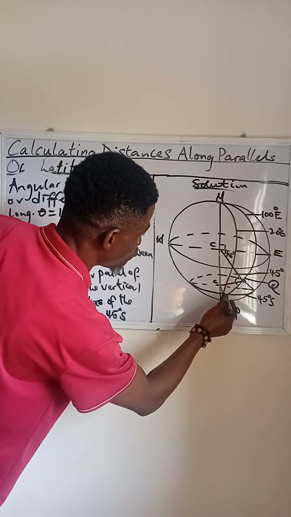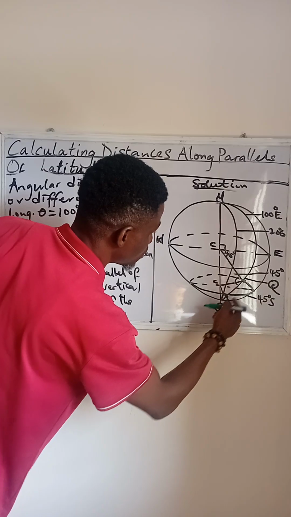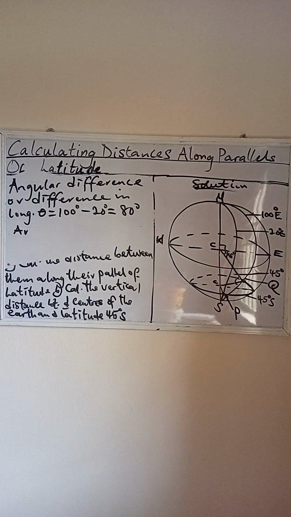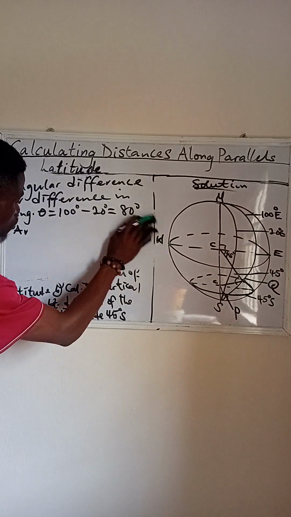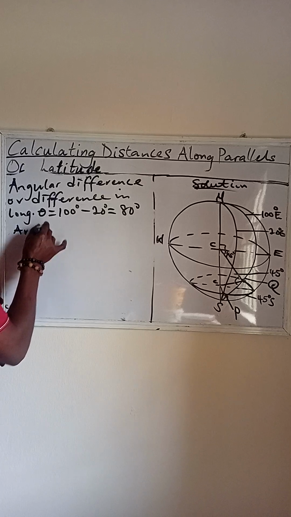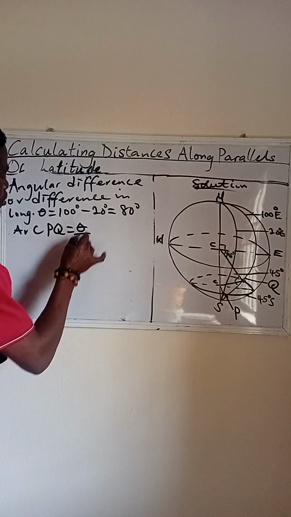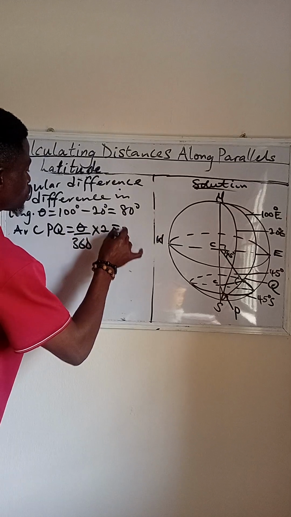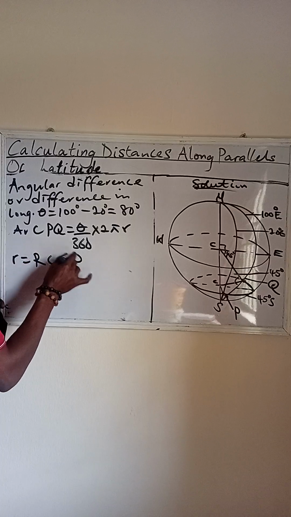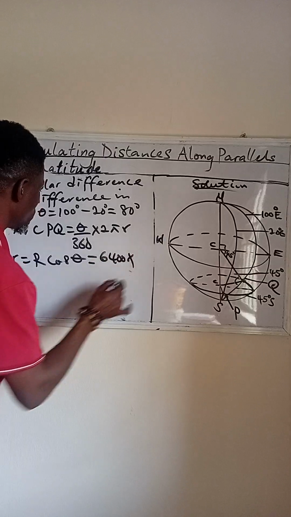And we want to calculate the distance between them. So this is P like this. We want to calculate this side now. This is P and Q. So it's going to be arc PQ, which is theta over 360 times 2 pi small r. So your small r is capital R cos theta. And what is capital R? 6,400, then times cos theta.